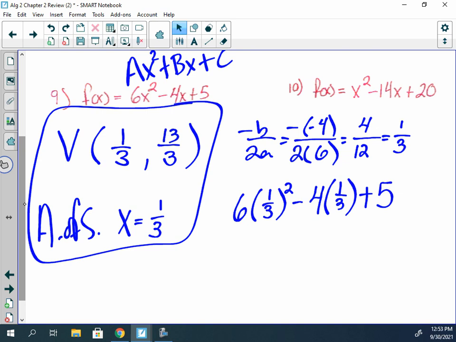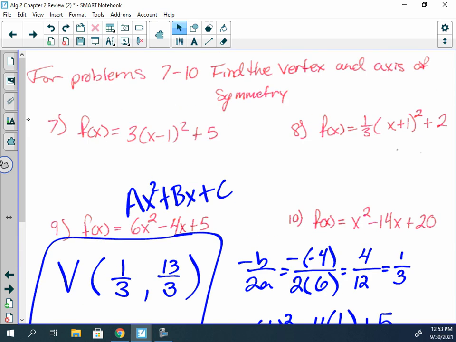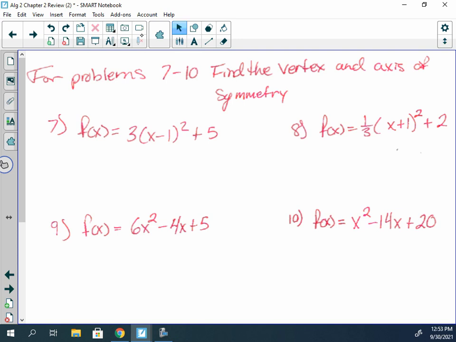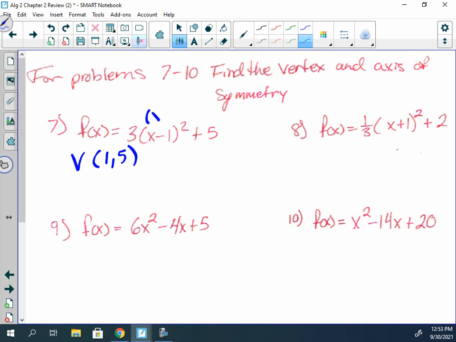Any other questions on number 9? Why don't we go on and look at number 7? So what would the vertex for number 7 be? Because it's coming from our x minus h squared plus k.